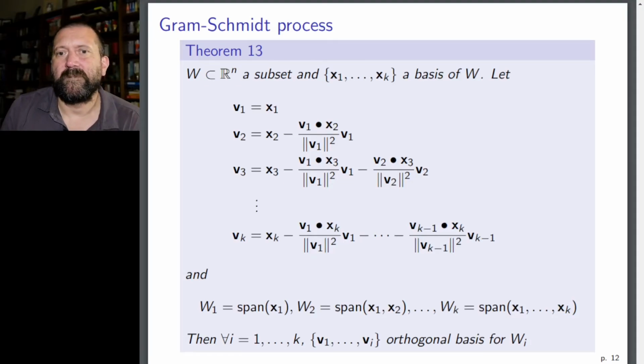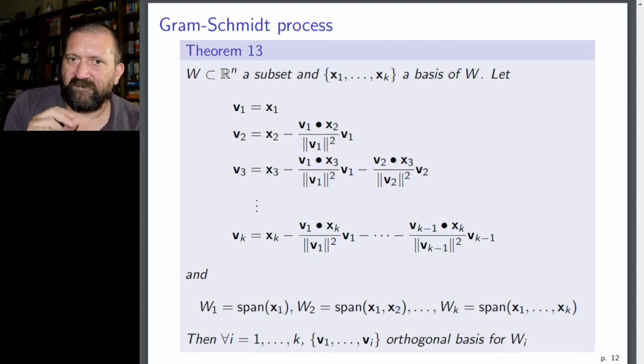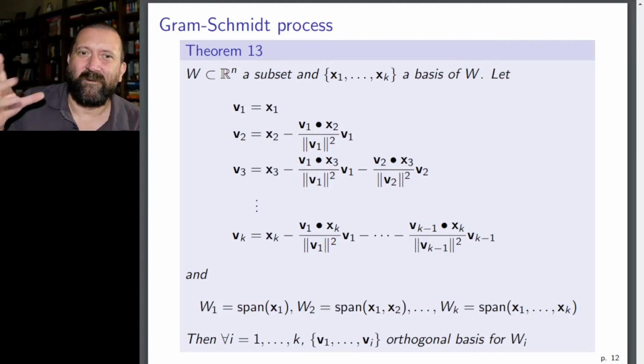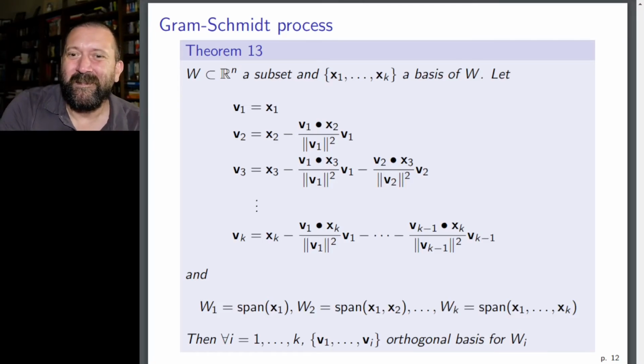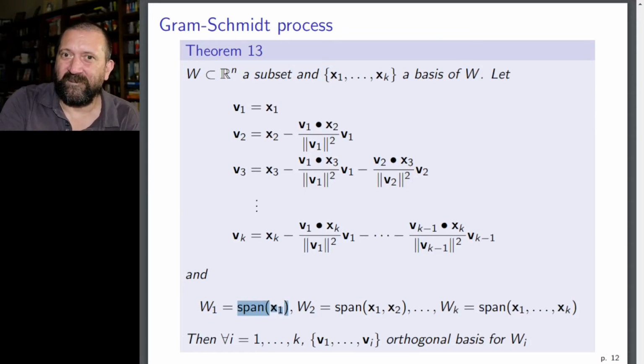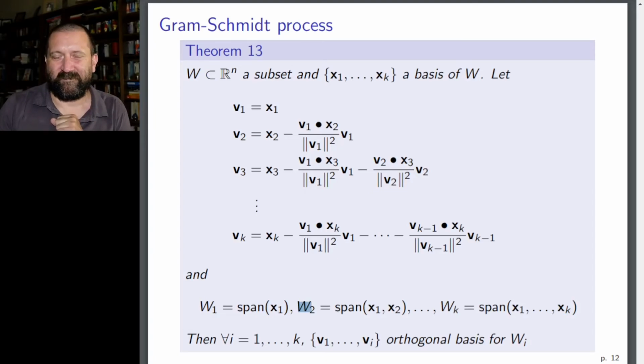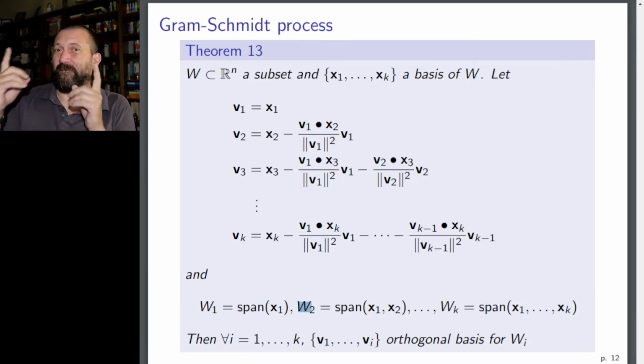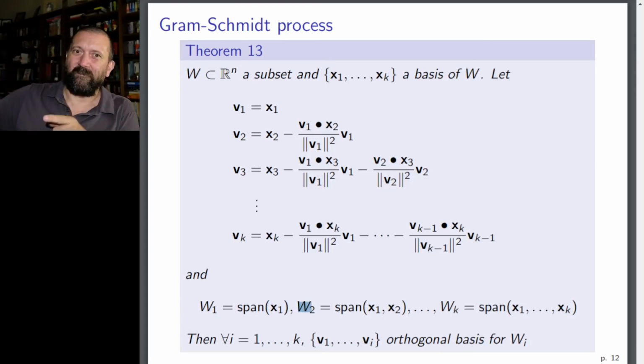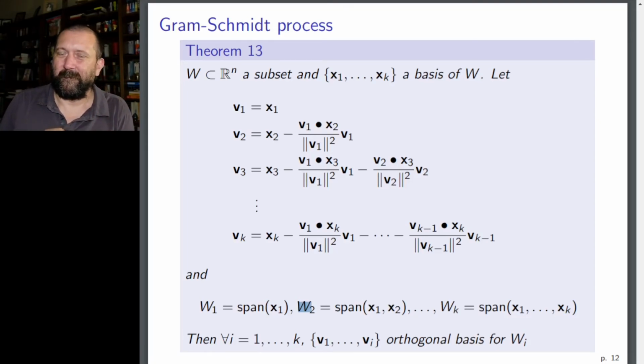We can also define the subspaces. Essentially, W1 is the subspace that's spanned by the first of your basis vectors. W2 is the space that is spanned by the first two, and so on until you get to all the vectors in the basis.